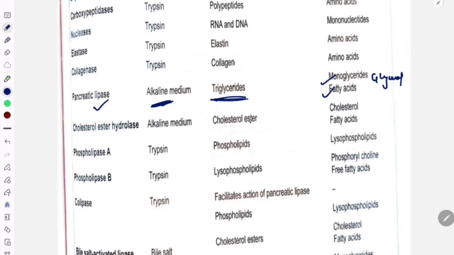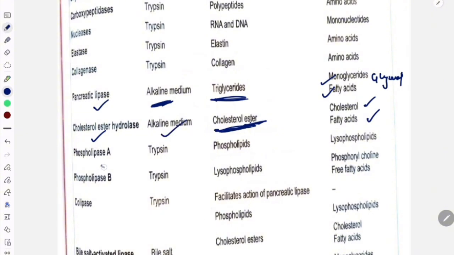So lipolytic enzymes require an alkaline medium for their action. The next enzyme is cholesterol ester hydrolase, which acts on cholesterol ester and converts it into cholesterol and fatty acid. So it basically breaks the ester bonds of the cholesterol. Again, the alkaline medium is required.